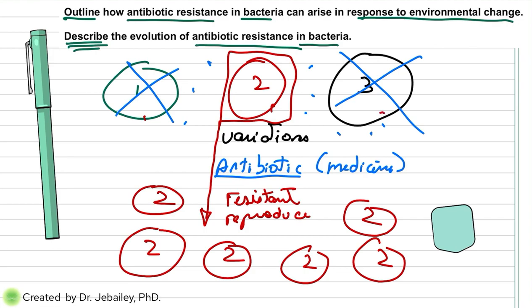However, now the population is only made of 2. So you can see that the population has evolved, because it used to have 3 types of variation, 1, 2, and 3, and now, after the environment, which is the antibiotic, came in, basically only 2 survived. So now you can see the population has changed its frequency. It only has right now a new type of population, which is just made of 2.